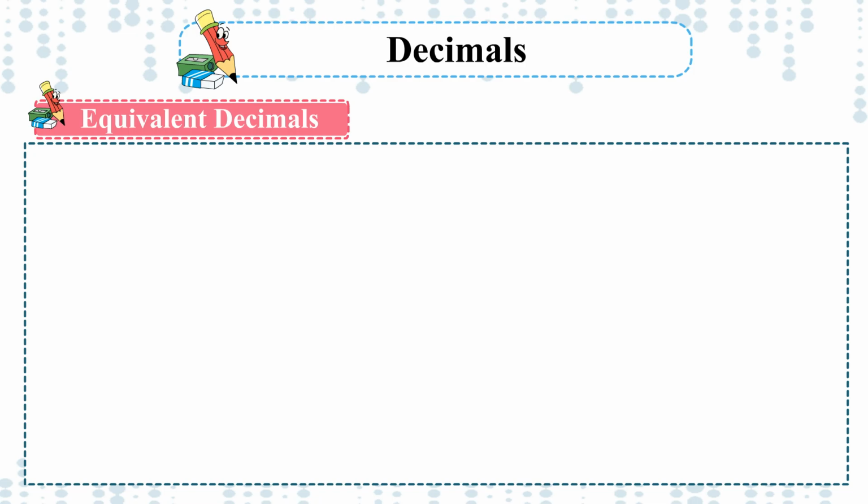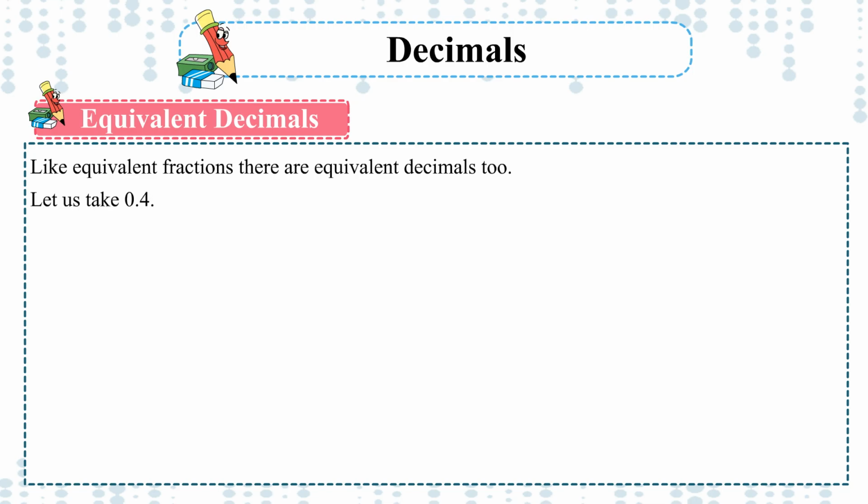Equivalent decimals. Like equivalent fractions, there are equivalent decimals too. Let us take 0.4. 0.4 is equal to 4 upon 10. So, 0.4 is equal to 4 upon 10 multiplied by 10 upon 10, which is equal to 40 upon 100, which is equal to 0.40.